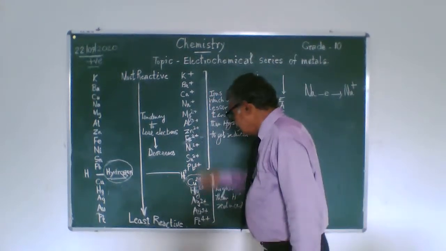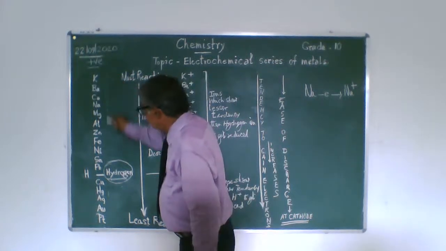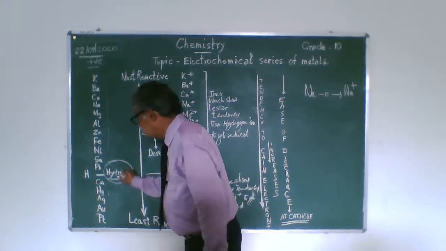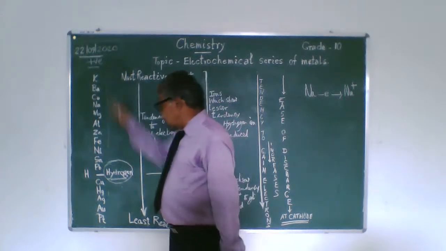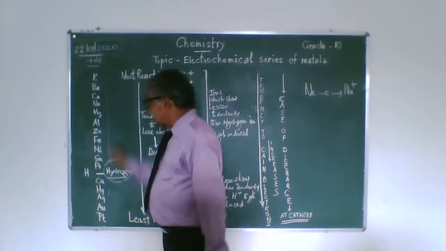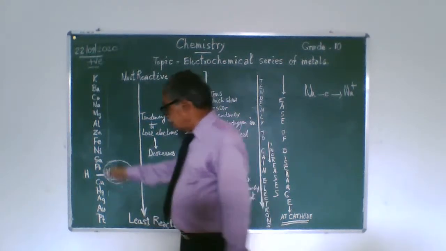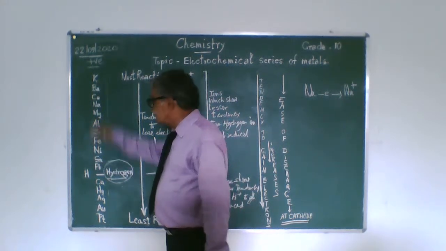This is true with all these metals. For example, they can displace hydrogen from acids. They are all more electropositive than hydrogen, so they can all displace hydrogen from acids. When the time comes to lead, etc., it's difficult, but most of them can.